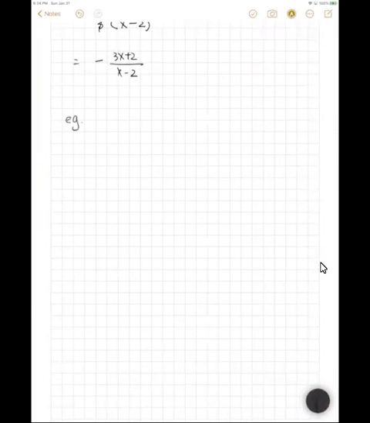For example, we have 7a over 3a squared b plus 4b over 6ab to the fourth. So what's the least common denominator? In our case it is 6a squared b to the fourth.